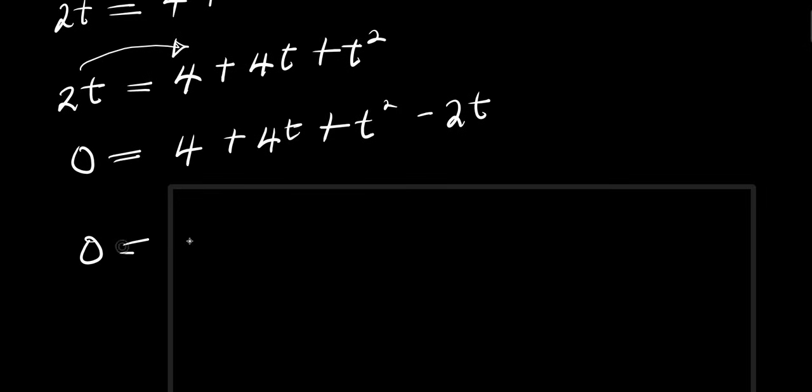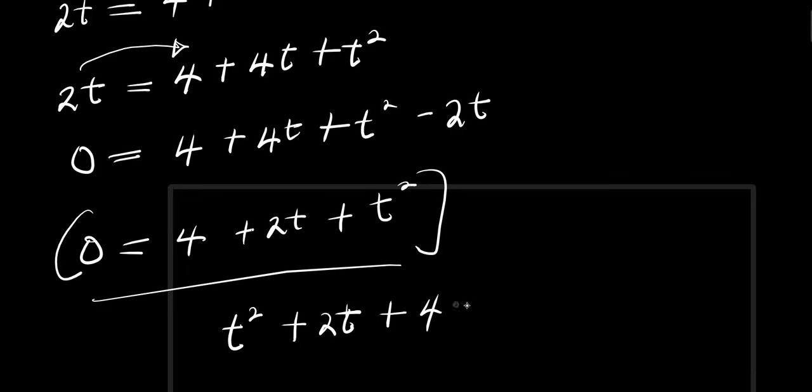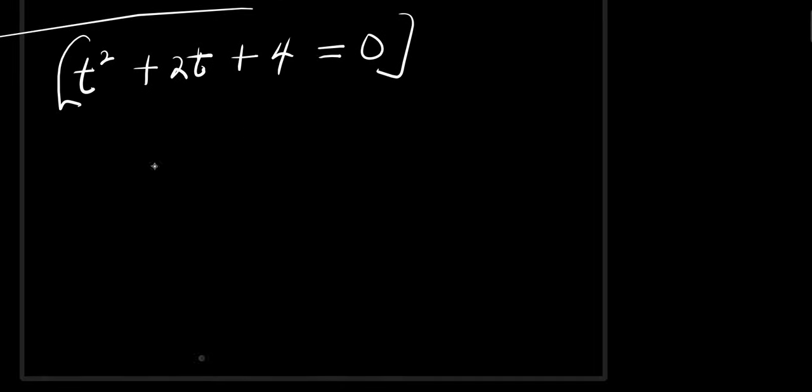So from here we have 0 equals 4 plus 2t plus t squared. So let's rearrange this. That means we have t squared plus 2t plus 4 equals 0. So let's solve this using the formula method because it's not factorizable.